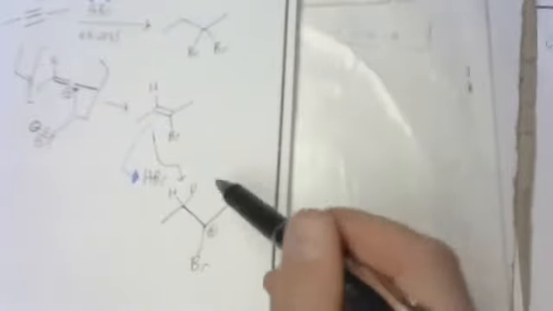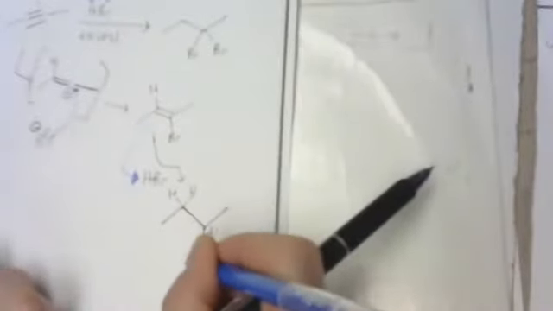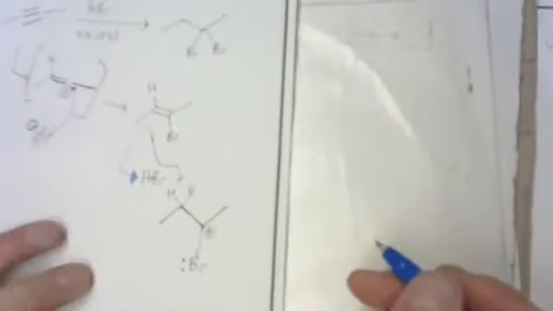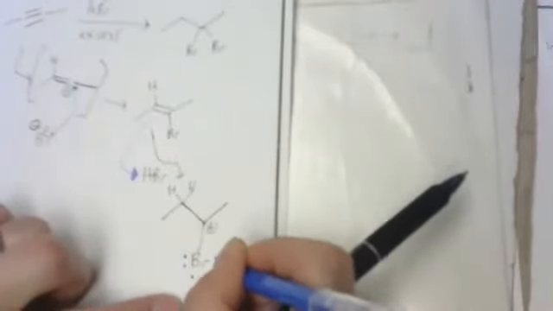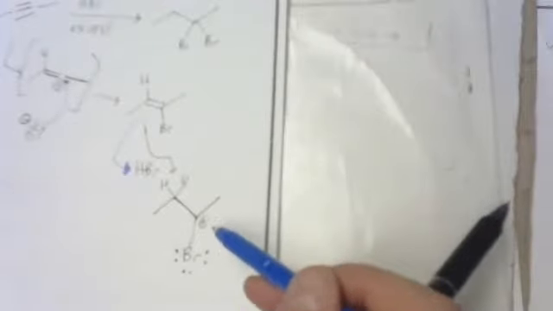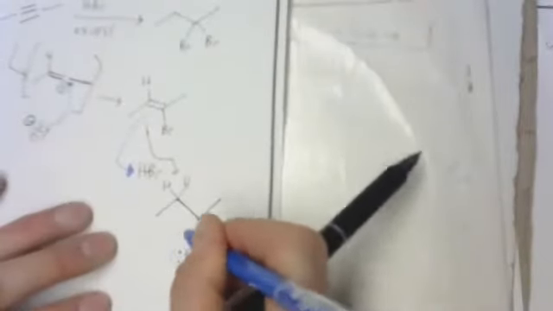This happens to be very stable. That's why. This actually has an additional resonance structure. Remember resonance? How it explains stability? Because this has got 3 lone pairs, right? It turns out that if the plus charge is here, Br can actually stabilize it.